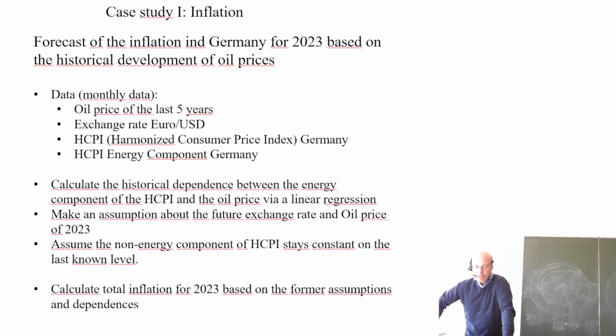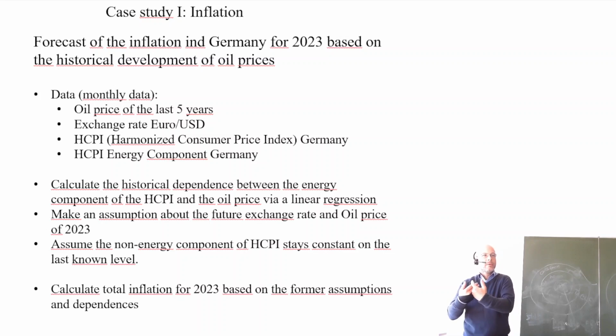Therefore, we want to calculate the historical dependence between the oil price and the energy component, which is mostly oil, and also gas prices are highly connected to oil prices, of course. And therefore, we want to calculate via linear regression the dependence between the energy component of the consumer price index.